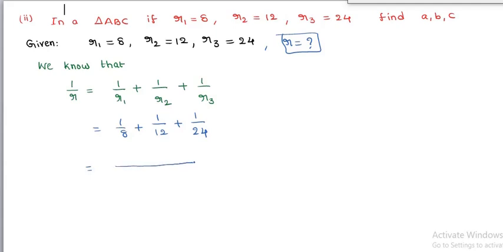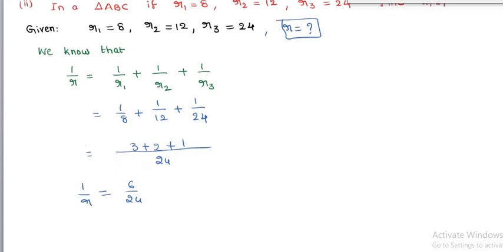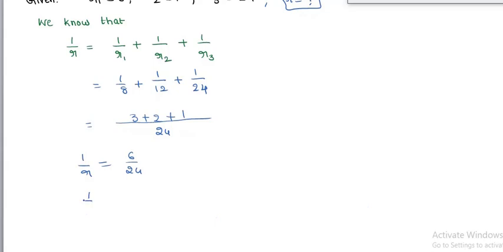The LCM of 8, 12, 24 is 24. 8 threes are 24, 12 twos are 24, 24 ones are 24. 3 plus 2 plus 1, 6 by 24. So the final value 1 by R is equal to 6 by 24, which is 1 by 4. Finally R value is equal to 4.